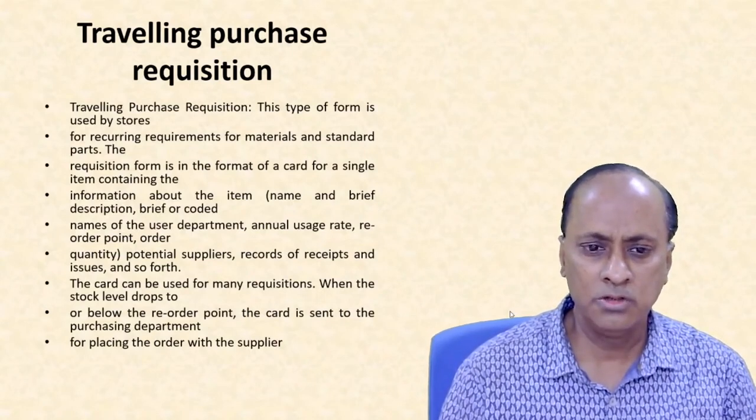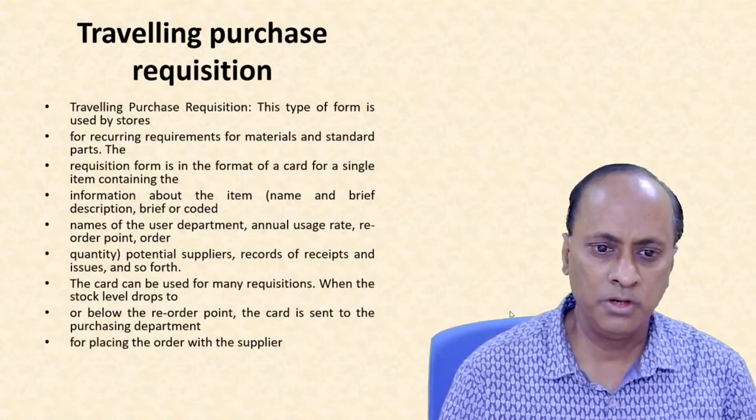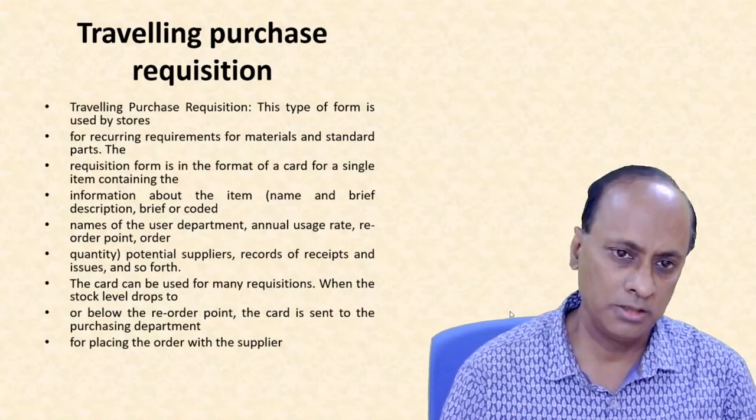The card can also be used for many requisitions. When the stock level drops to or below the reorder point, the card is sent to the purchasing department for placing the order with the suppliers.